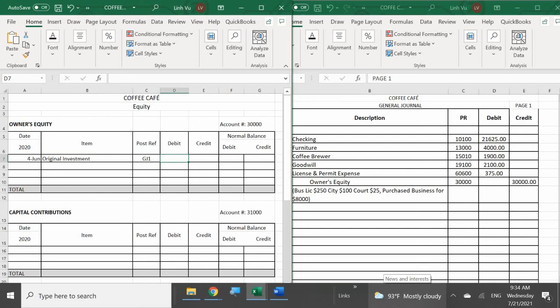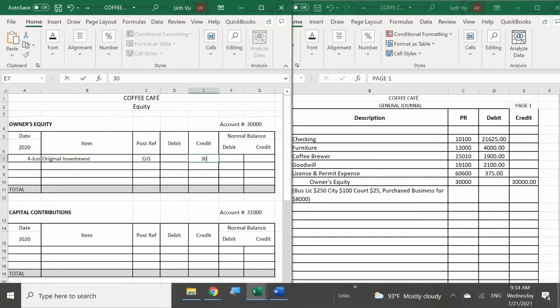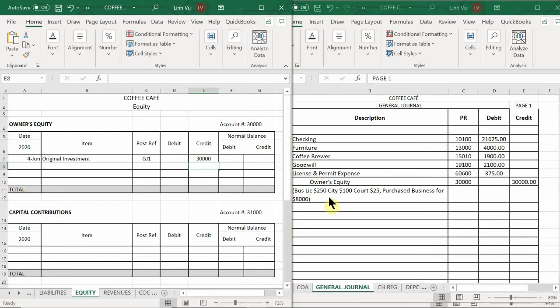Whatever you see in your journal, you need to transfer the information exactly. So in this case, I'm no longer going to be debiting my account. I'm crediting my account for $30,000. All right? Therefore, my normal balance for my equity account is going to be credited.